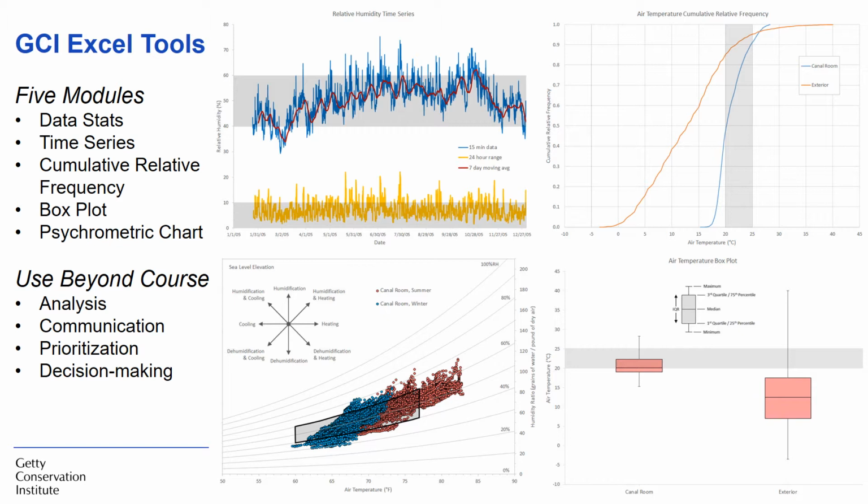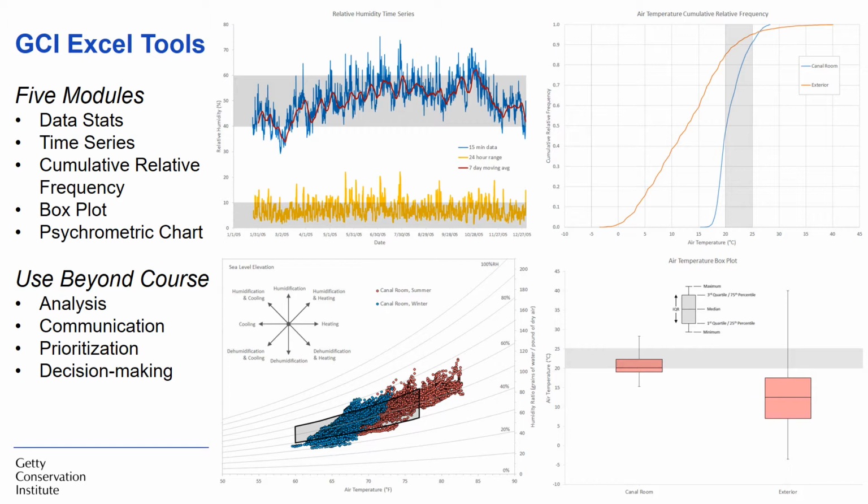Time series are the most common plot type, but here we try to overlay different types of information to more clearly convey the message. Cumulative relative frequency and box plots show probability within the dataset in complementary ways.